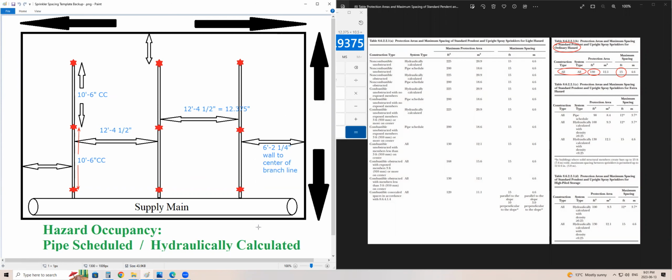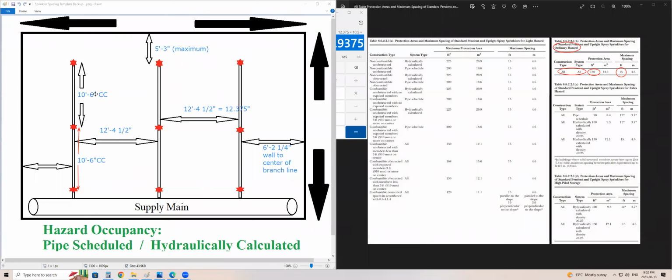If we are 10'6" between sprinklers on the branch line, then what are we allowed to be off the wall maximum? We're allowed to be 5 foot 3 inches. I should have written that down there. Max. Maximum. Here we go. Select. Cool.